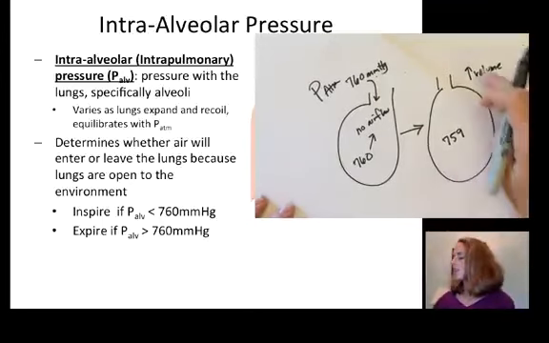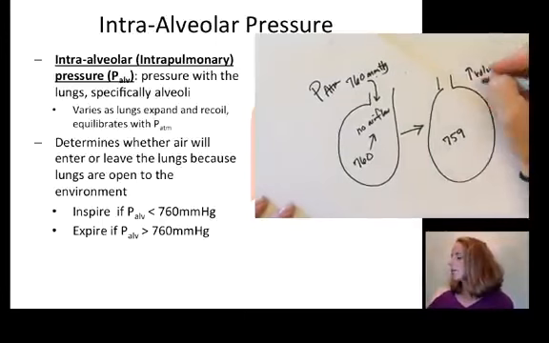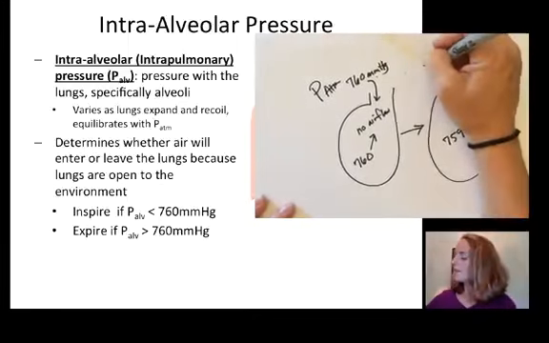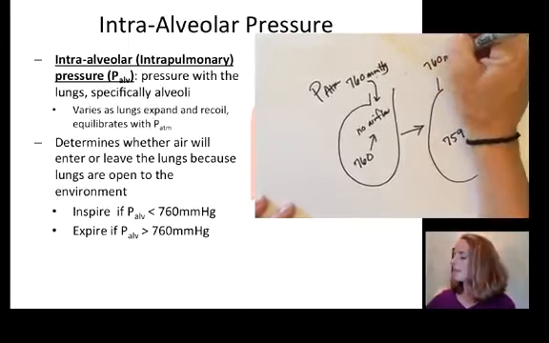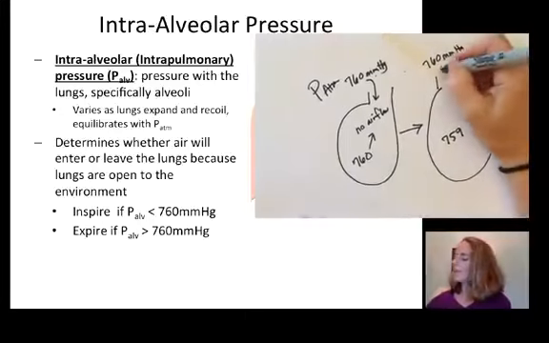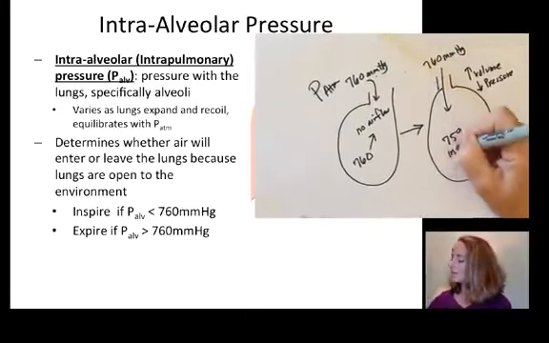Doesn't take a big change. We increase the volume, the pressure goes down because of Boyle's law. We now have 760 in the atmosphere and 759 in the lungs. Which way is the air going to go when you expand the chest cavity? In. Good, so that's inspiration.